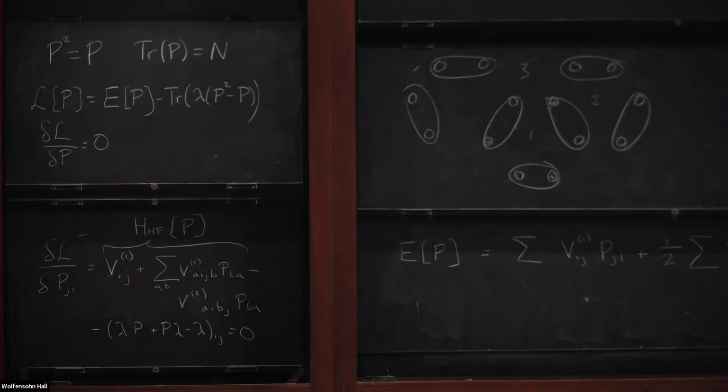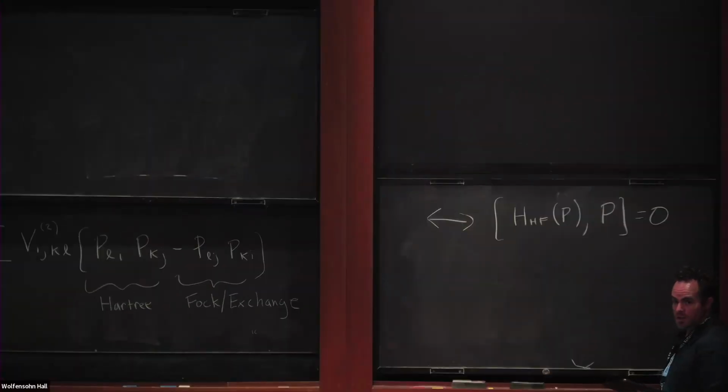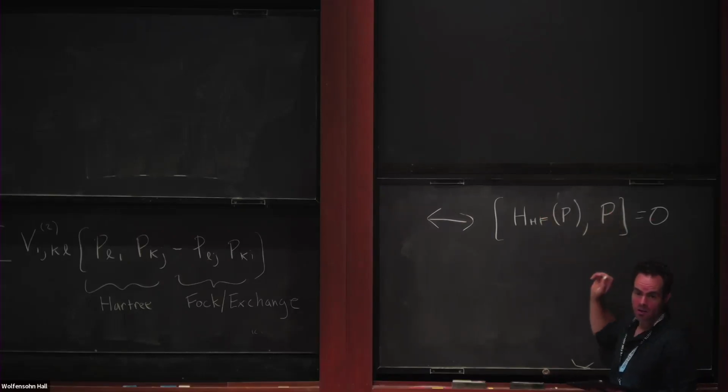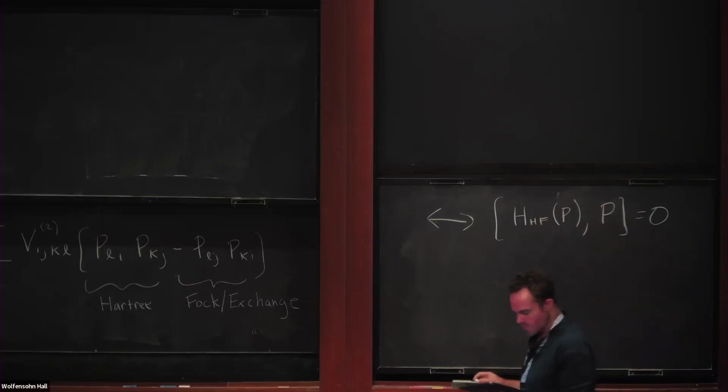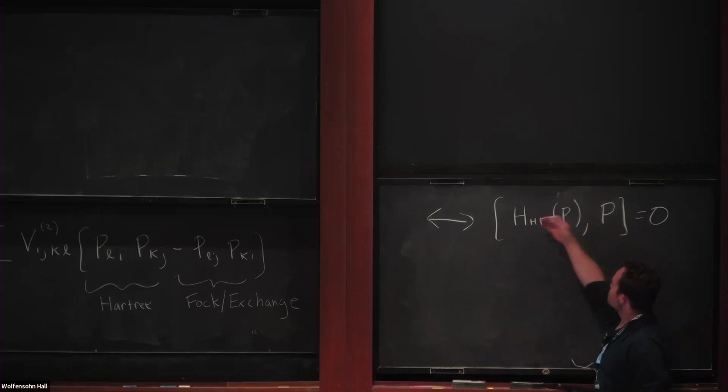So another way to think about the Hartree-Fock consistency condition is that the Hartree-Fock Hamiltonian commutes with P. Now, this is a nonlinear equation, because this is linear in P and this is linear in P, so this is actually a quadratic equation. Suppose I have a current guess for what H Hartree-Fock is.